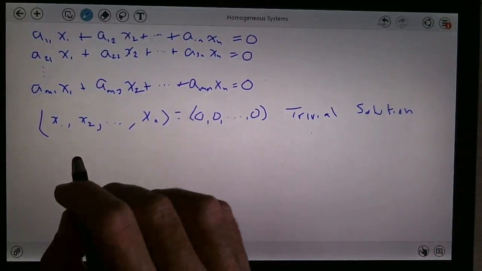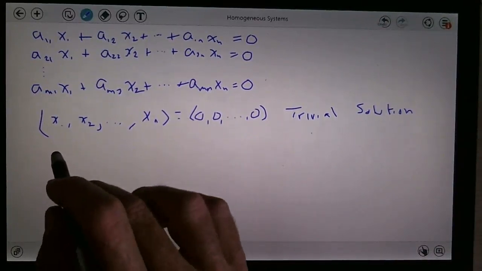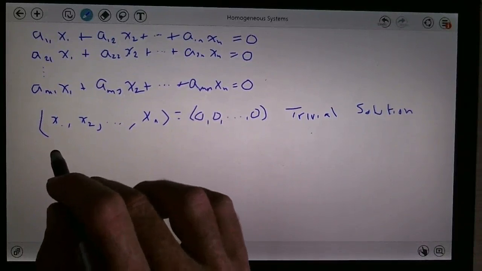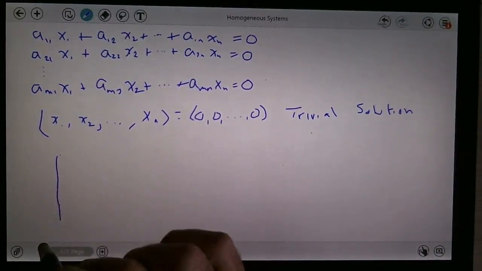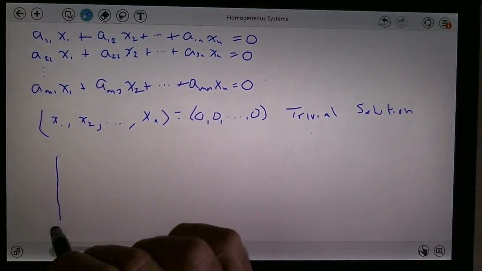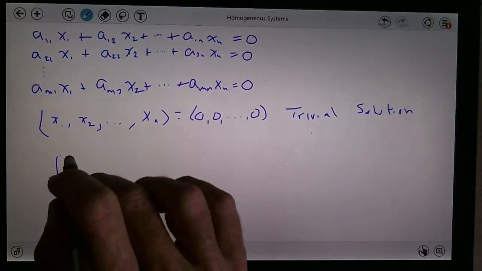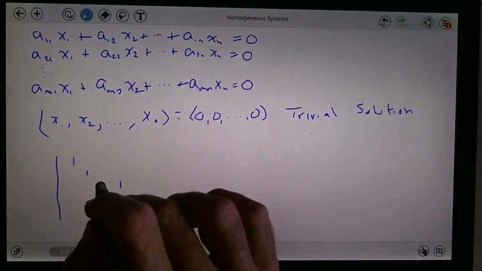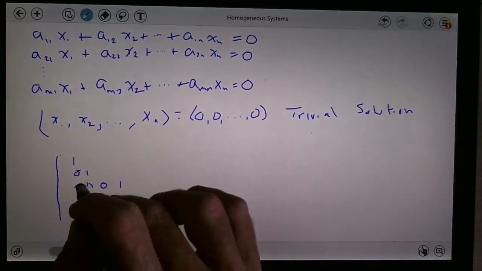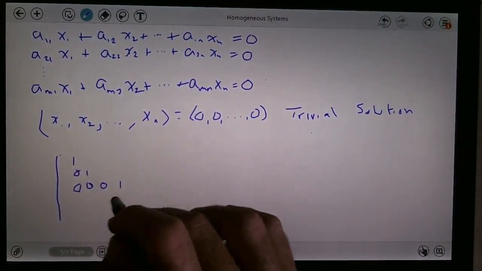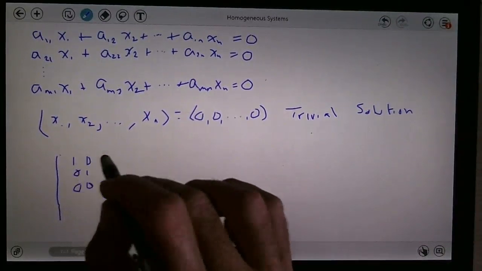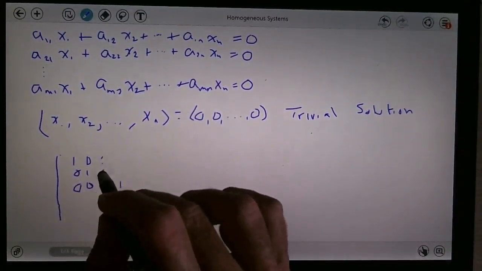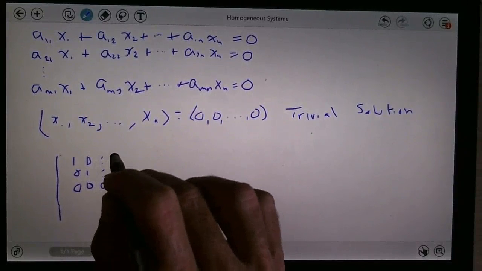So the matrix is going to look something like this. The reduced row echelon form is going to have some ones down the diagonal somewhere, maybe not all exactly on the diagonal. Who knows what will be here, but there are definitely zeros here.